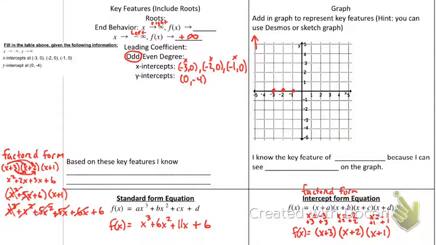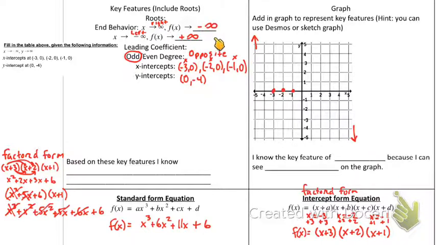That means our end behaviors are going to do the opposite. So since we know the left side's going up, because we have an odd degree, that means our right side has to go down, okay? So we now know that this has to be negative infinity.